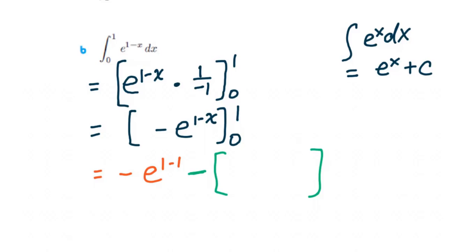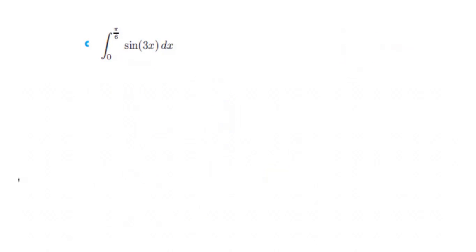You will get negative e to the 1 minus 0. So you get e to the 0 power will be 1, negative 1. Negative negative will be positive. e to the first power, which is e. Now let's go to C.